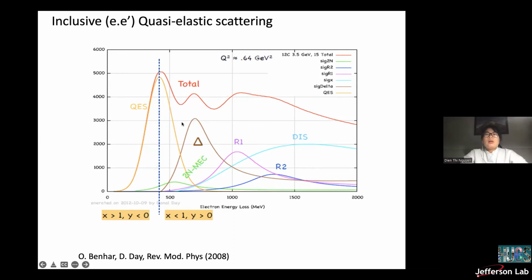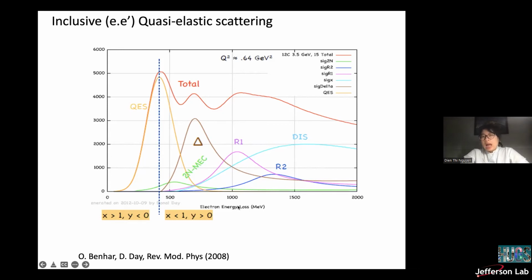This is a very nice overview paper. It talks about inclusive (e,e') measurement, and they have a toy model to calculate the cross section as a function of the transfer energy. They say energy a lot here, but actually it's the same as the transfer energy. What we want is a quasi-elastic event only.